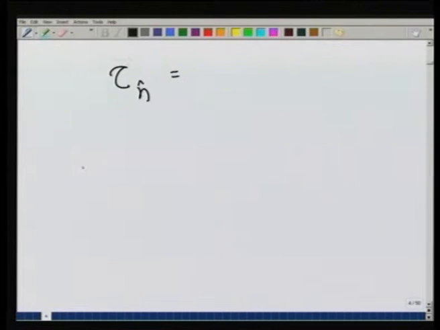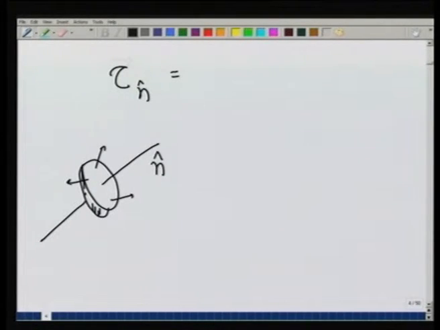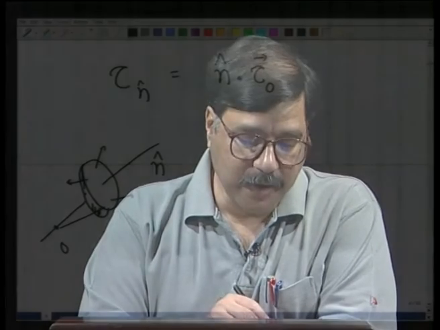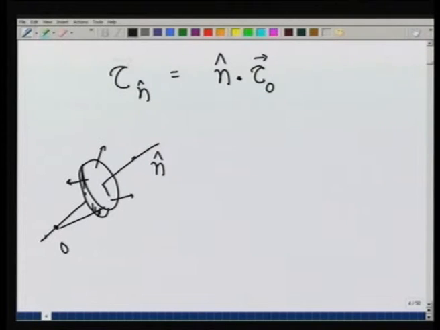So, let us say there is a disc which is rotating about a fixed axis which is in the direction of unit vector n, and there are various forces working on it. Then the torque about the axis n is going to be equal to the dot product of n with the total torque about, say, the origin O. Although I am writing origin O, the torque about an axis is actually independent of where this origin is taken, because it only depends on the perpendicular distance of the forces from the axis.